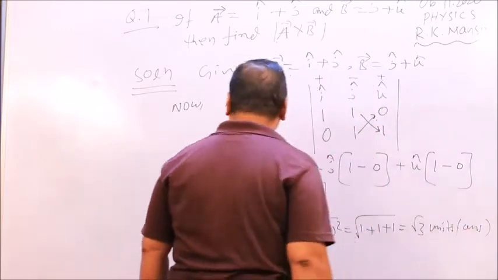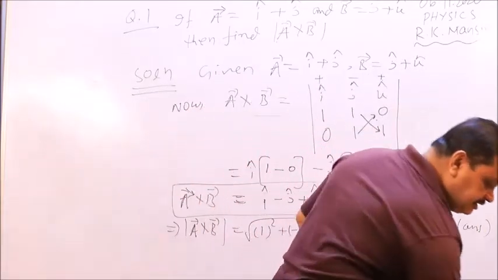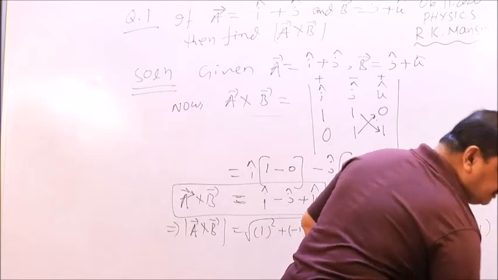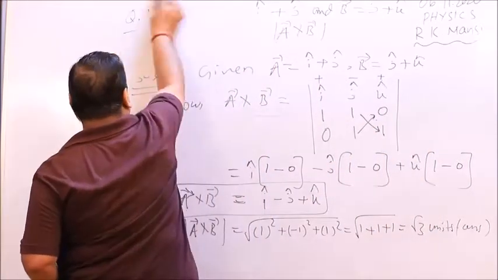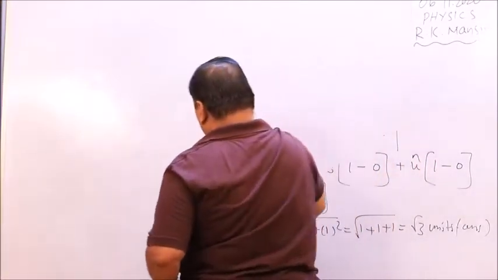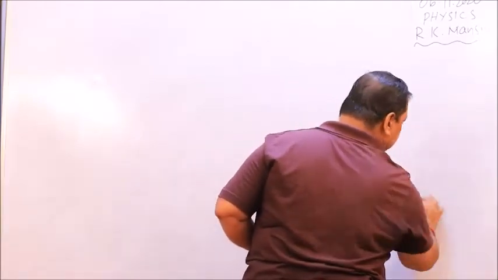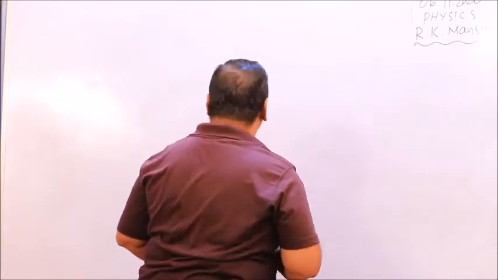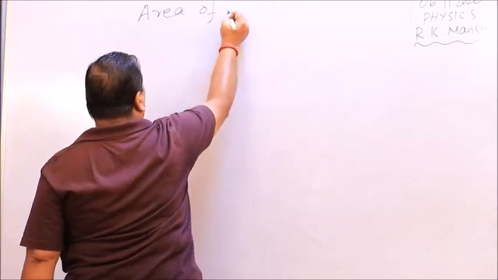This is the answer for the modulus of A cross B. So in this way we can find the values of the cross product in terms of rectangular components. Now we will see another property, and we can find the area of a geometrical figure, that is the area of a parallelogram.